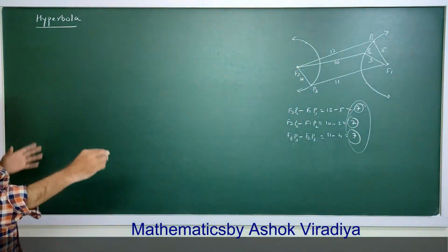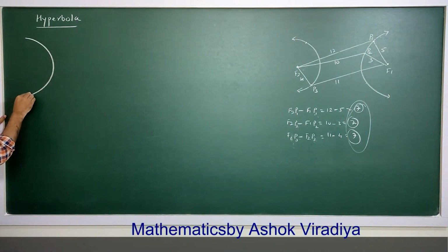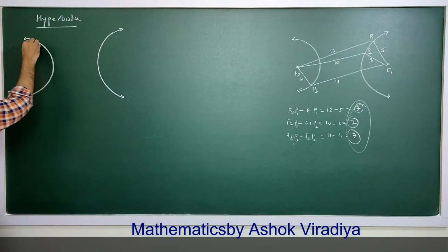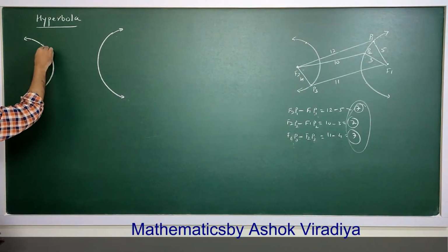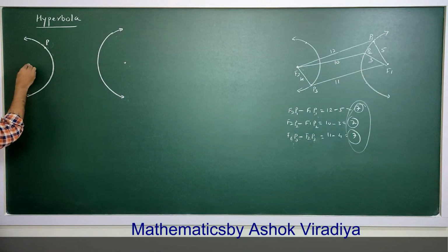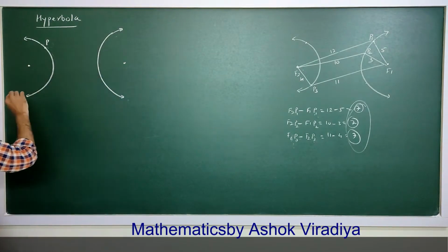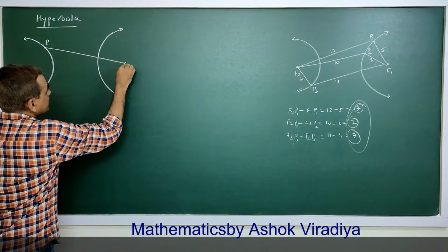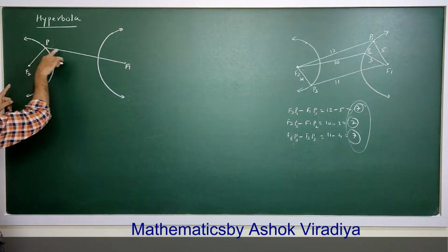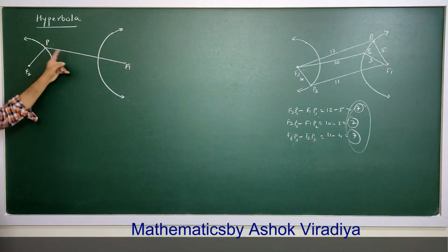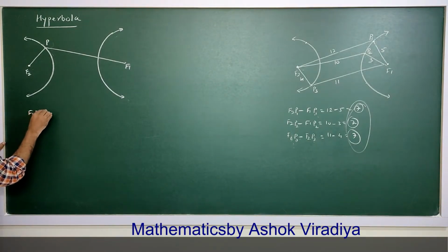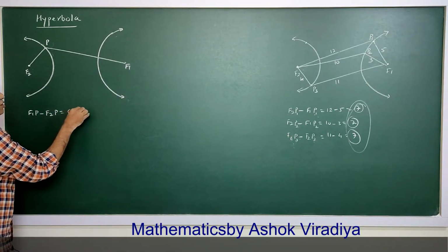So we can define this hyperbola in this way: the hyperbola is the set of all the points such that if we take any point P and measure its distance from two fixed points, F1P and F2P, then the difference of these two distances is always constant. F1P minus F2P is always constant.